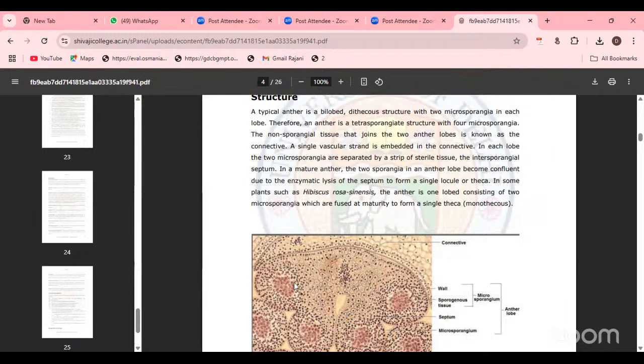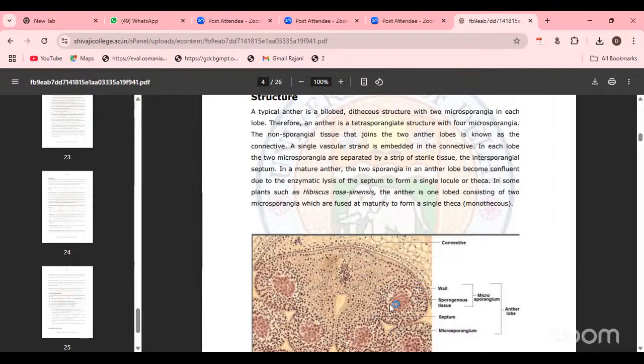See, these are lobes 1, 2, 3, 4. Inside each lobe, the connective is present. This is the anther wall. The outer wall is the epidermis, and the inner side is the middle layer. Then there are the sporogenous tissue and tapetum layers.